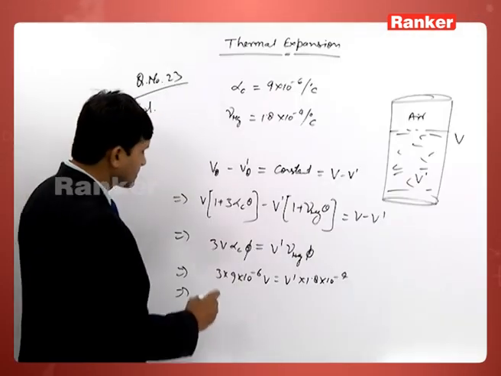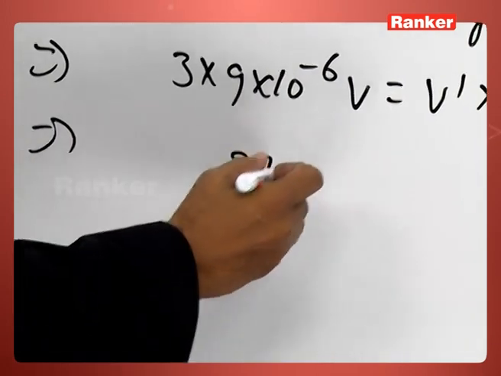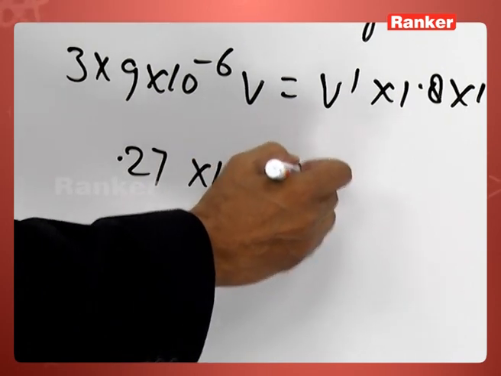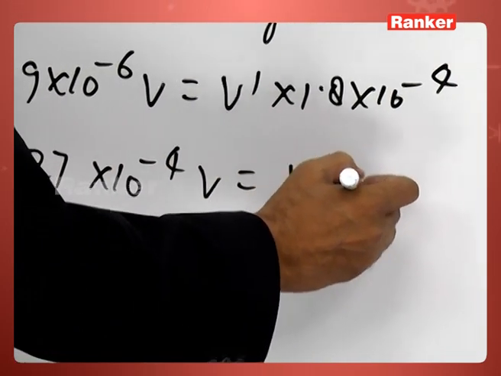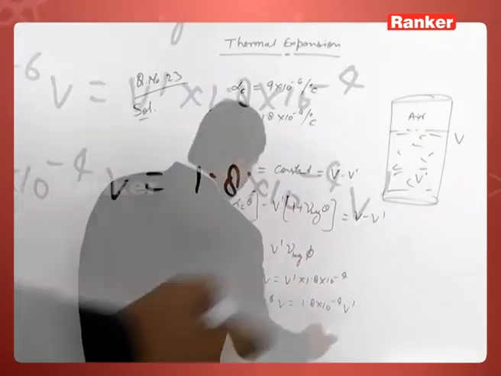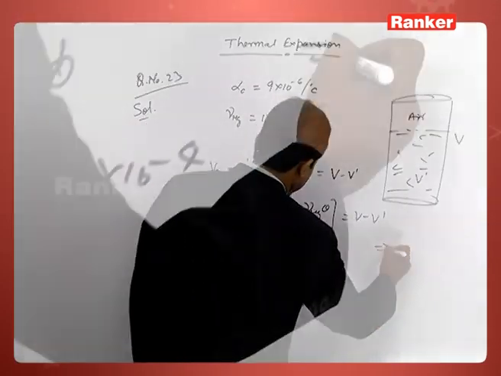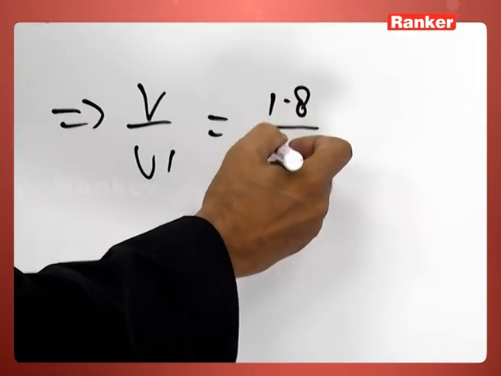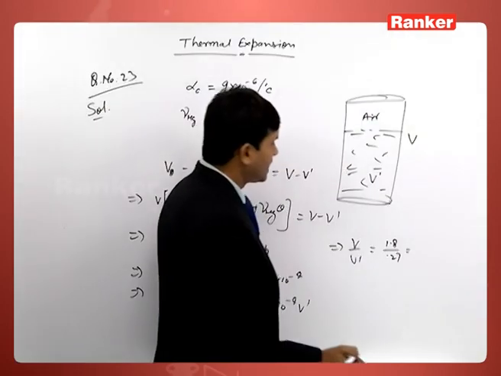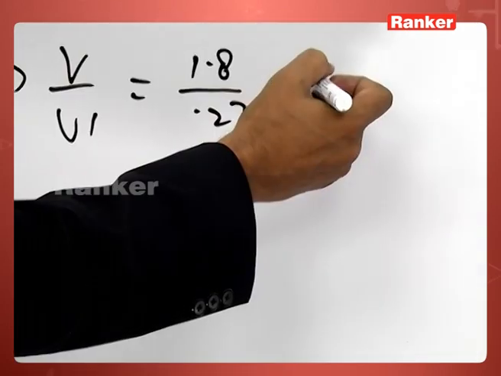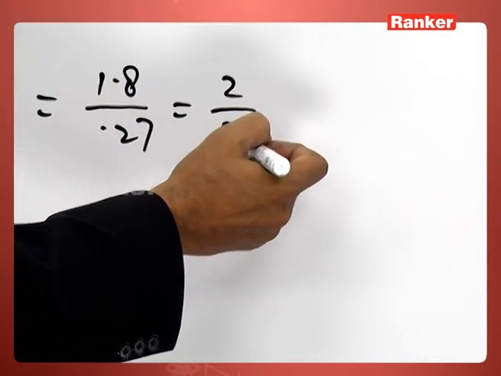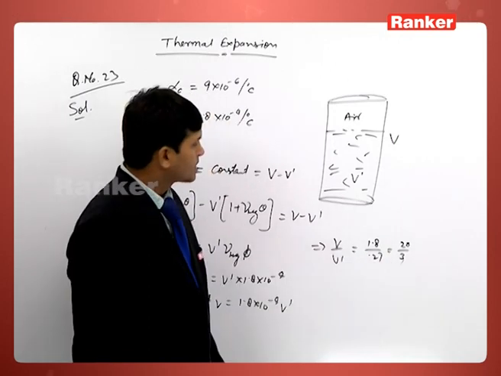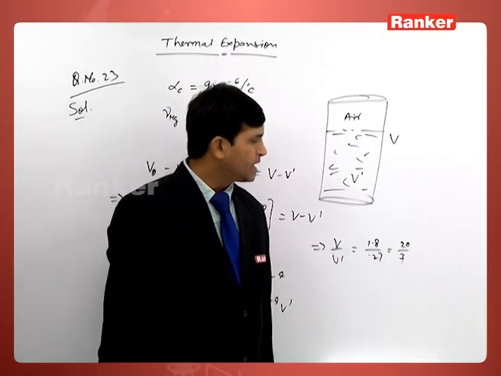To simplify this, 27 or 0.27 into 10⁻⁴ V is 1.8×10⁻⁴ V dash. So that gives us V by V dash is equal to 1.8 by 0.27, which is 20 by 3.